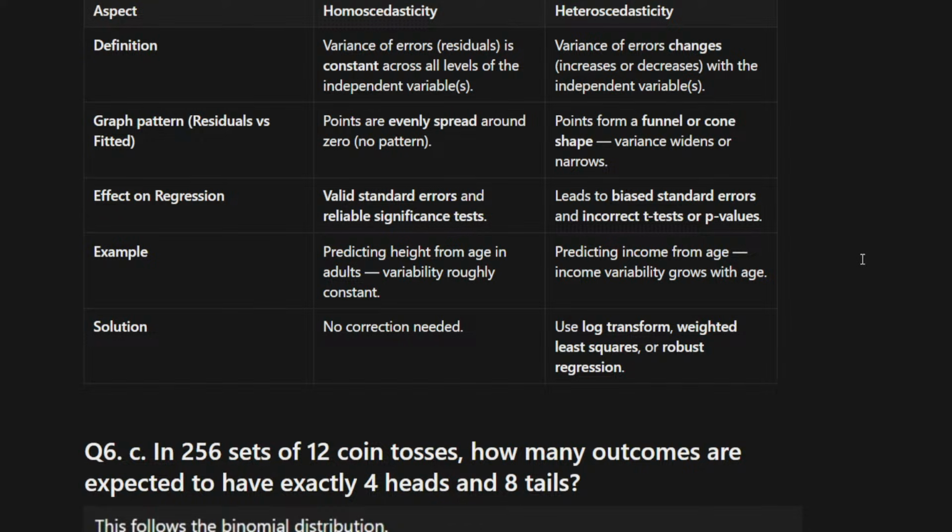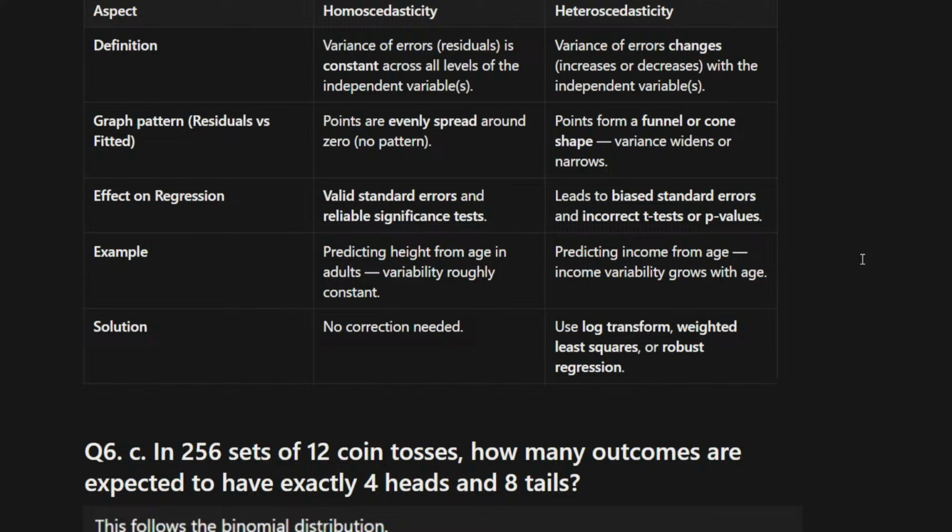Someone in their 20s, all the people in their 20s get somewhat similar salaries. But as the age increases, suppose at 60 years of age, one might be still stuck at getting some 1 lakh per month, but a few other people might be getting more than 5 lakhs, 10 lakhs per month.